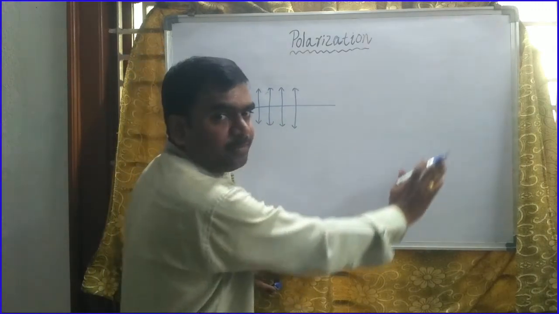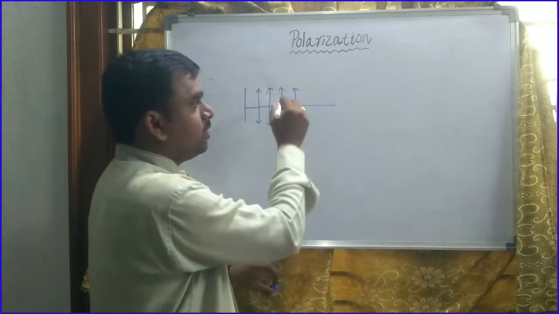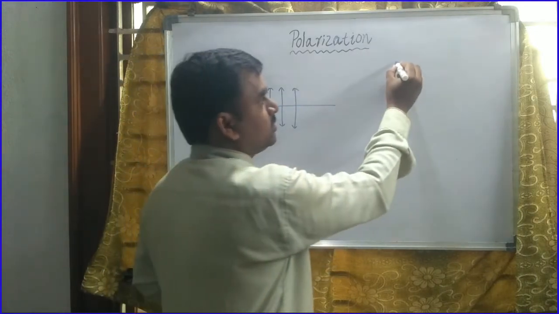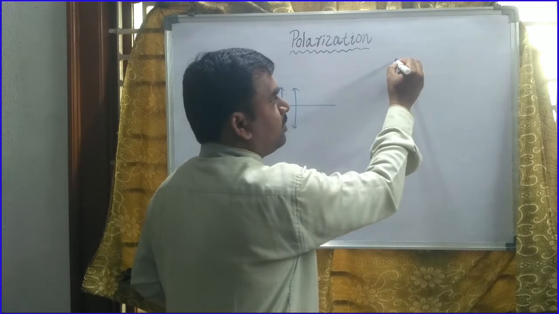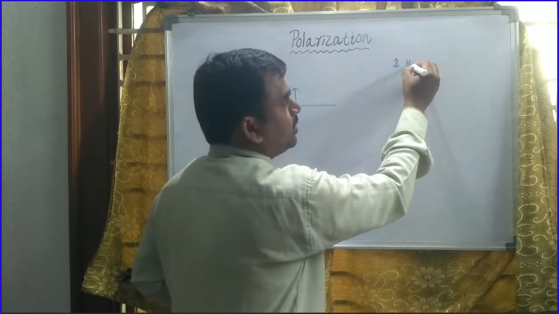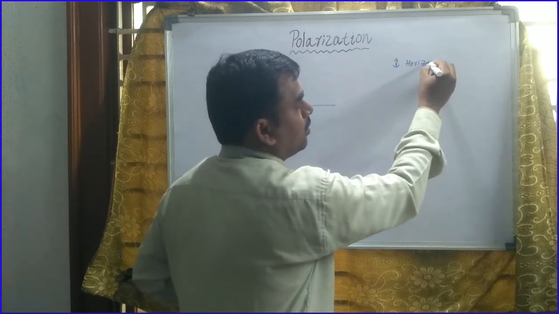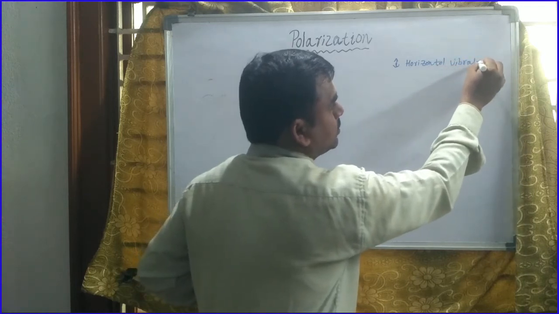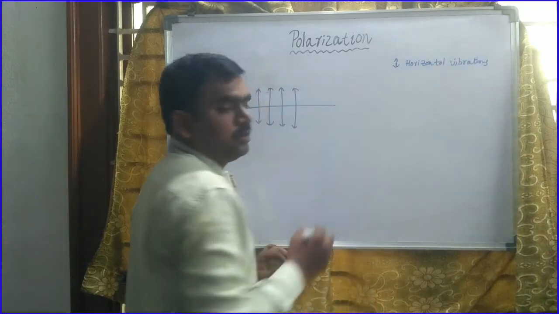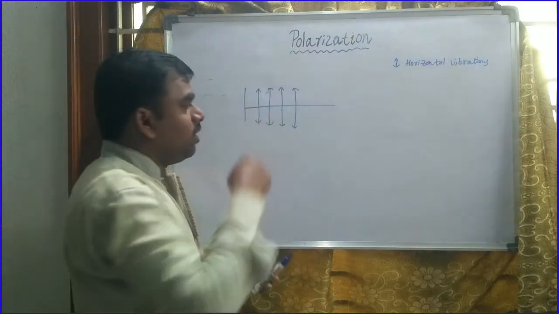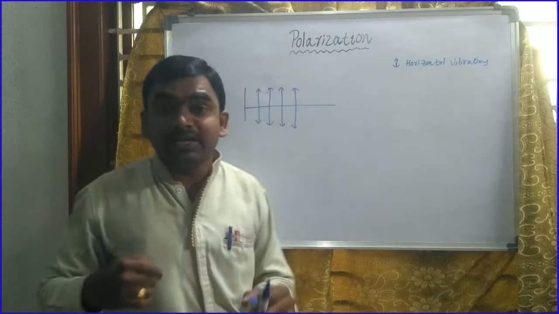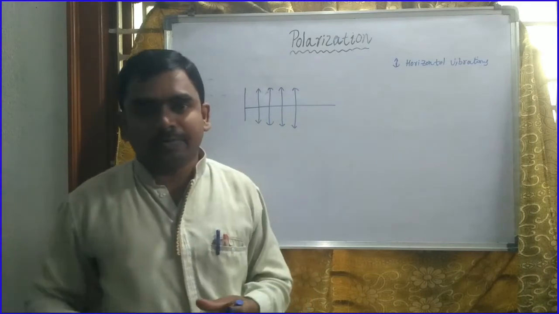This is the plane of the paper or board. The vibrations I am taking as horizontal vibrations. So the double-ended arrow is the representation of horizontal vibrations of the atoms. And some of the atoms are vibrating like this, that means perpendicular to our board.